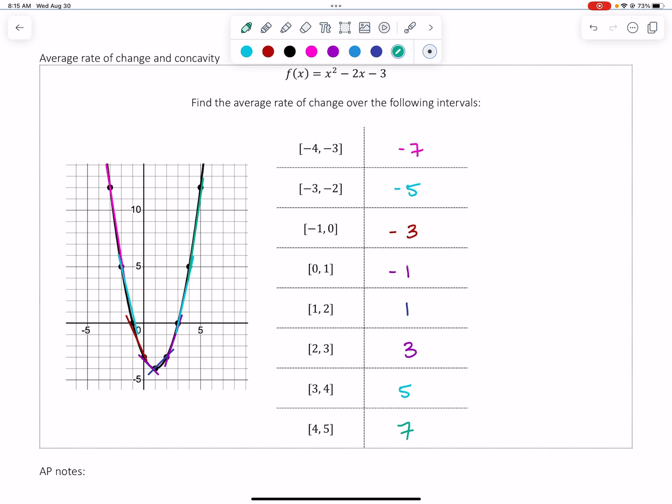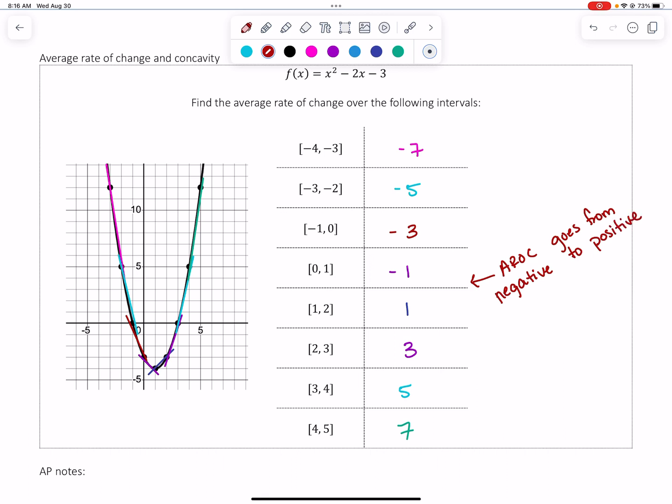So there's a whole bunch of really cool things that we dive into in terms of your average rate of change of this quadratic. But the main thing that I want to point out is that at this point right here, your average rate of change goes from negative to positive.